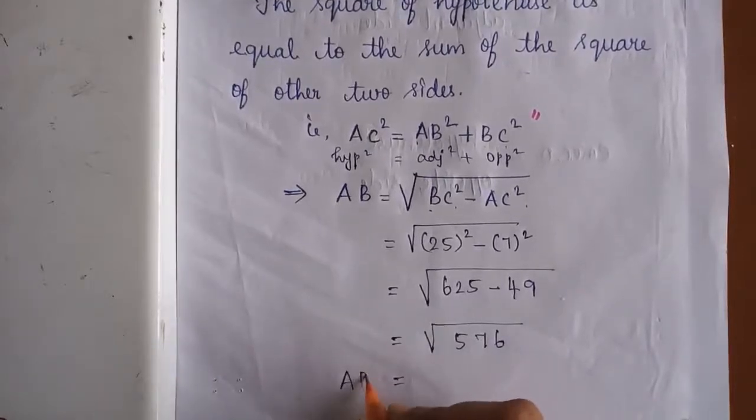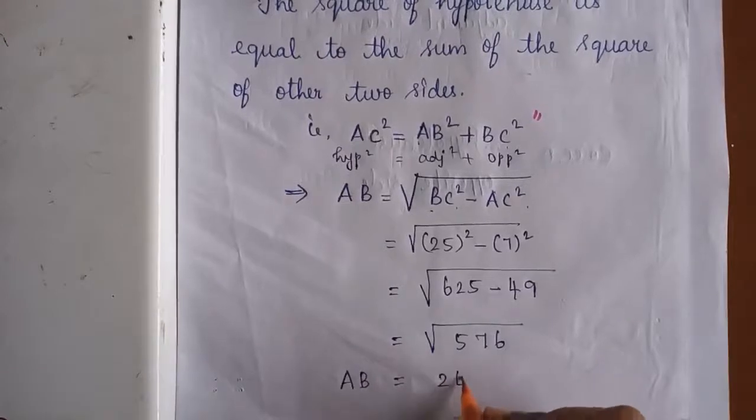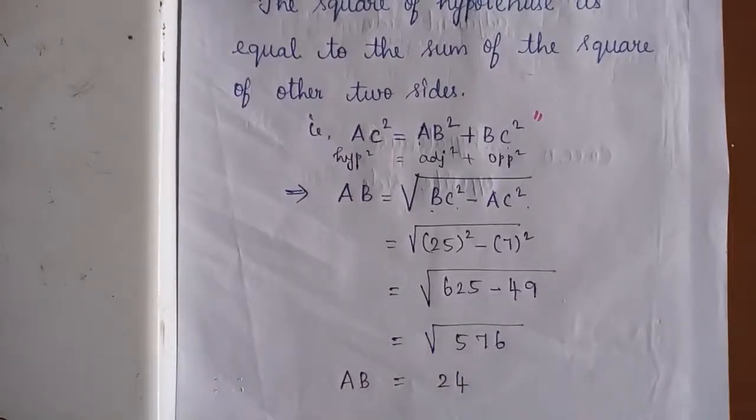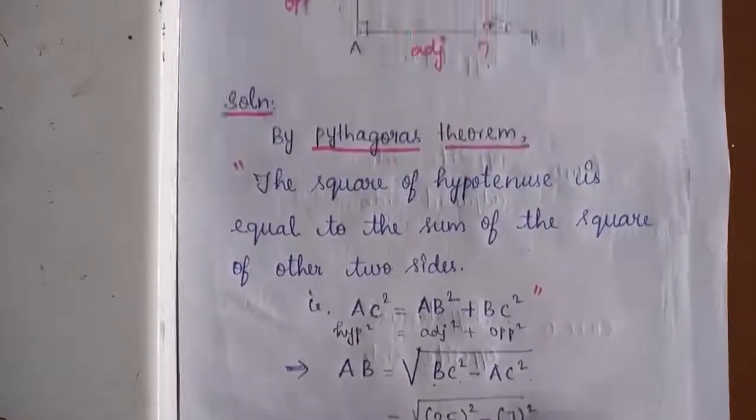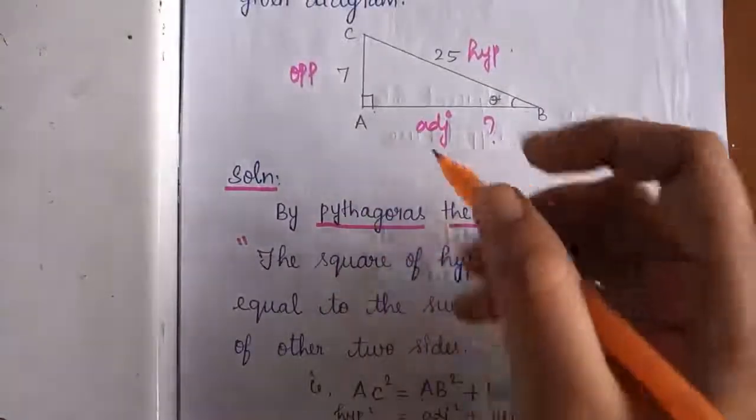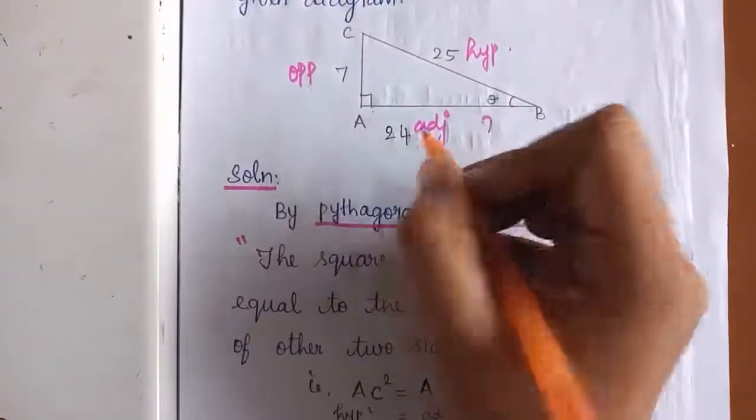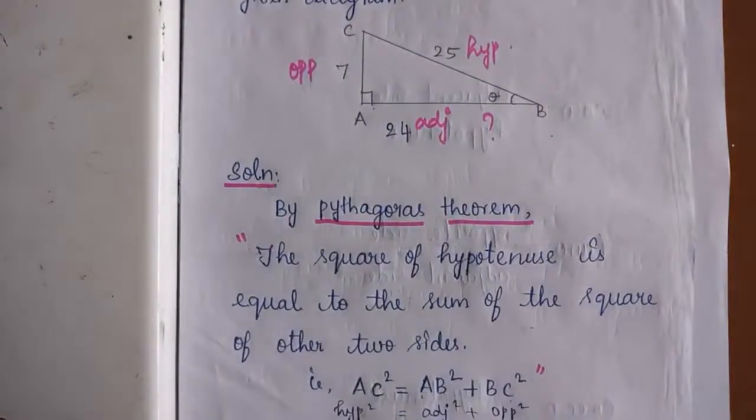Therefore the value of AB is 24. Now we find the value of adjacent, that is the value of AB is 24. Now we find the 6 trigonometric ratios.